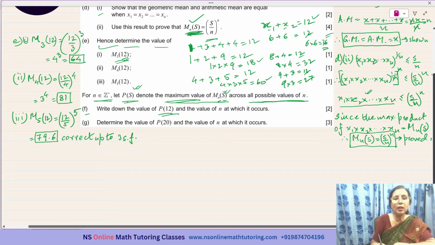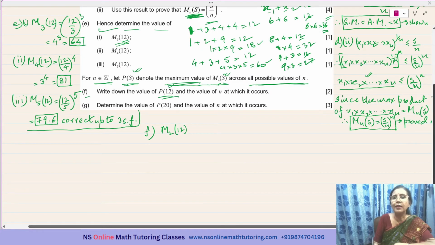So the sum total is 12. Okay. So this one is subpart F. Okay, so P of 12. Since the sum total is 12, let me start with M2 of 12. And we know that M2 of 12 was 36. We have seen that.